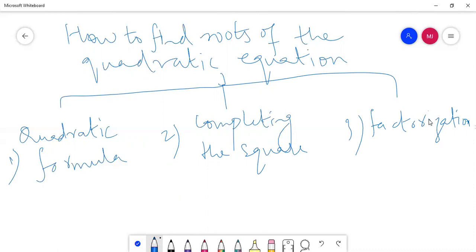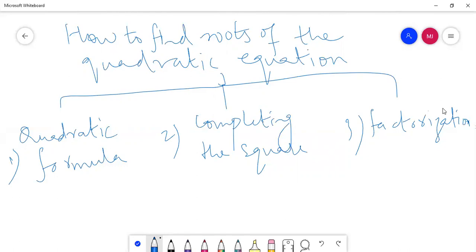We will see step by step how to find roots of the quadratic equation by using the quadratic formula first. Then we will go to completing the square, and then we will discuss how to solve a quadratic equation by factorizing the equation.